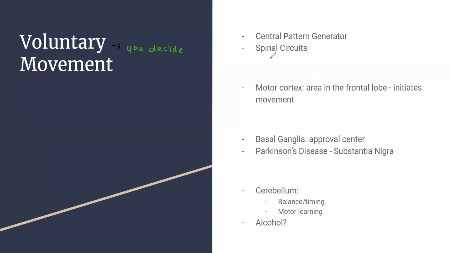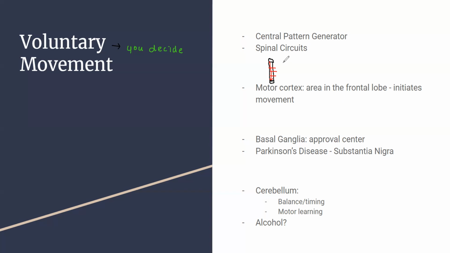So now let's talk about spinal circuits. So you have your spinal cord, right? This tube-like structure that's in your vertebrae, protected by your vertebral column. Basically, there are usually chains of neurons that link downwards, and they receive sensory information and send out all of the motor information, right?